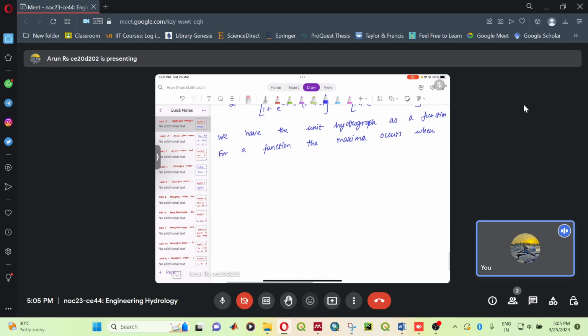So for any function, we have the maxima when df of t by dt is equal to 0 and d square f of t by dt is less than 0.